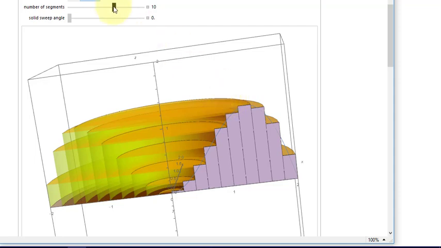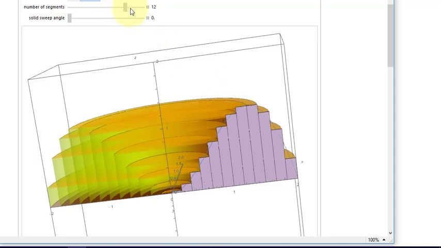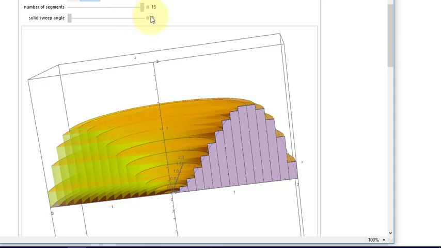So imagine increasing the number of segments, until finally in the limit, when those widths become infinitesimal and we are continually summing all of those volumes, we get the actual volume of the solid.